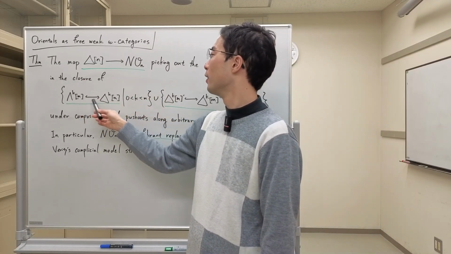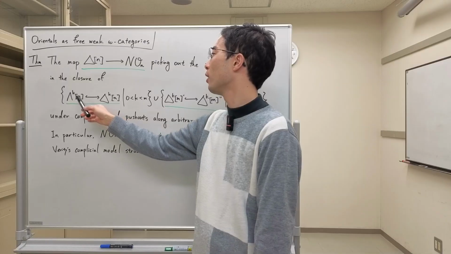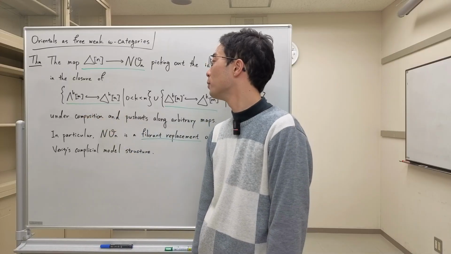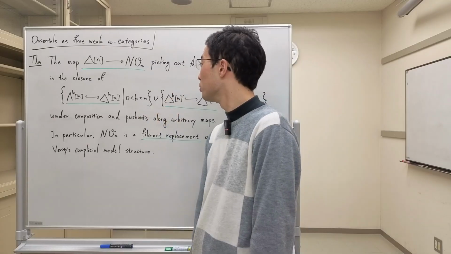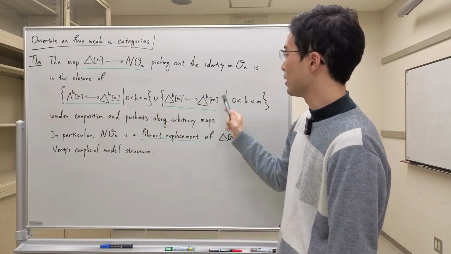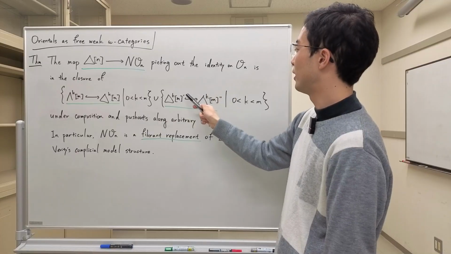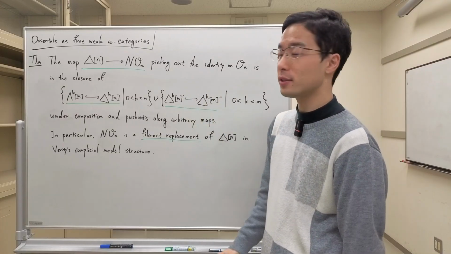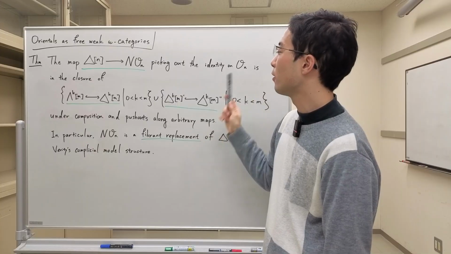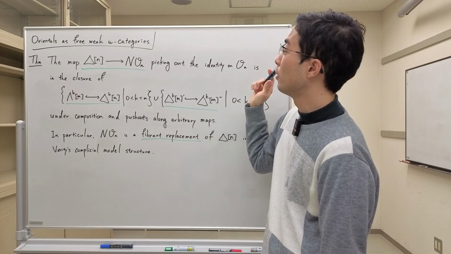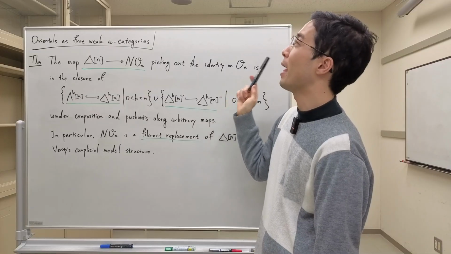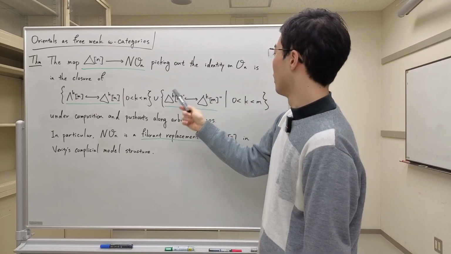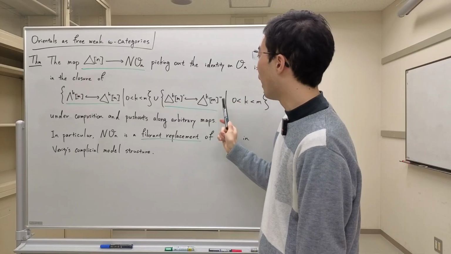So these horn inclusions were encoded in the compositions, and these dash-into-double-dash maps encode the fact that the composite of a pair of marked simplices should itself be marked.